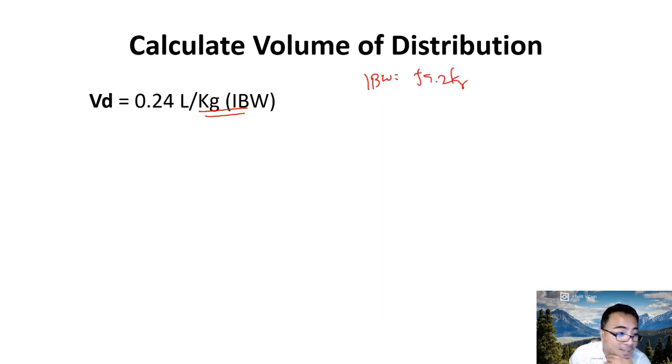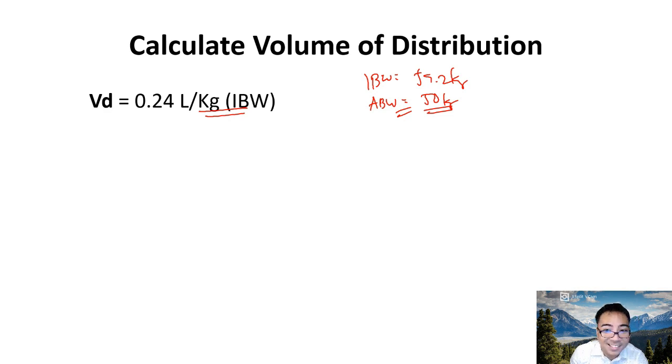Now, what if I decide to diet and my actual body weight becomes 50 kilograms? What do I use to compute the creatinine clearance, 59.2 or my actual body weight? Obviously, class, you'll be using your actual body weight.